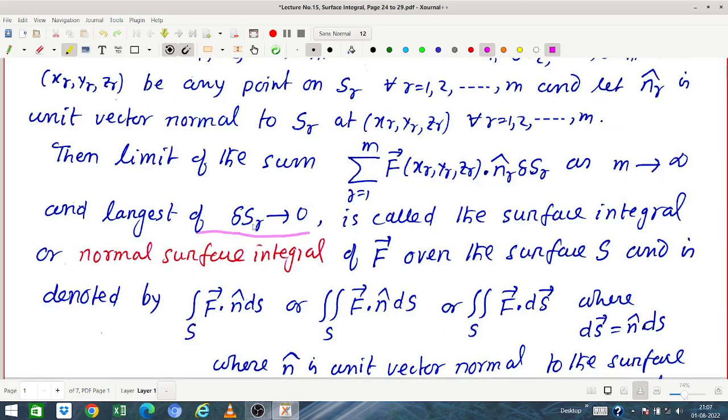of course simultaneously the largest delta Sr tends to 0, that is each subsurface becomes very small.